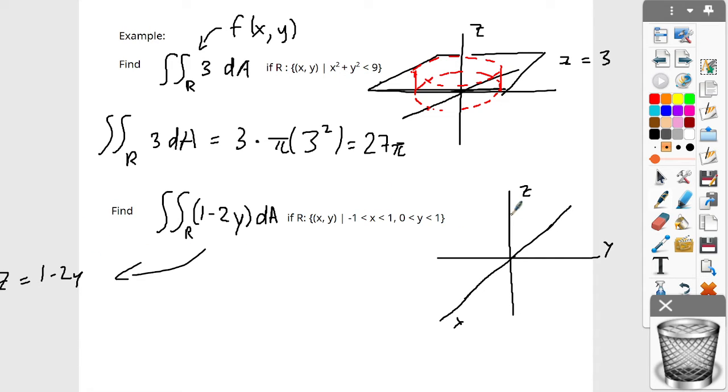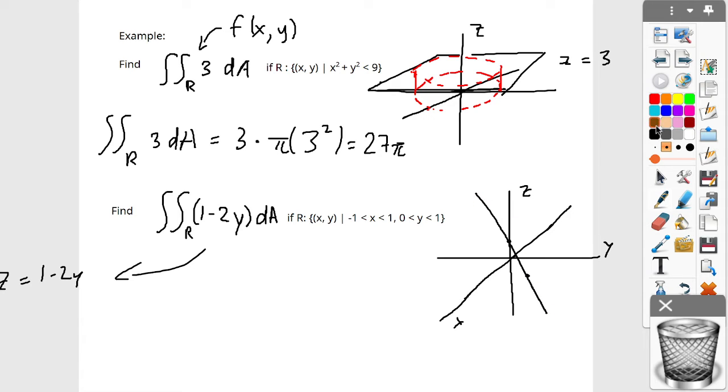So what would that look like? The z-intercept is 1. I'm sorry, not the y-intercept. And then we'd have something like this, and this will be your line.